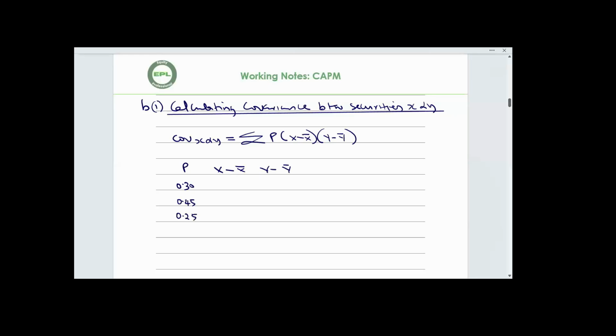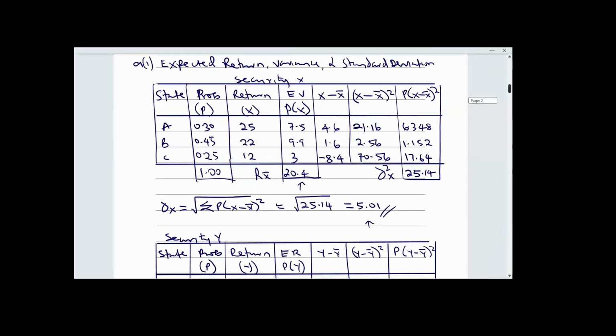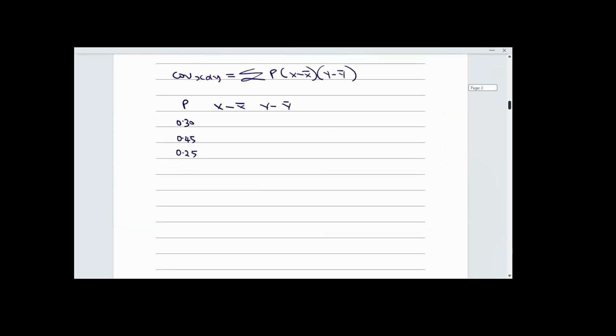For X minus X bar, this is the figure you want to pick: for the states, 4.6, 1.6, then minus 8.4.